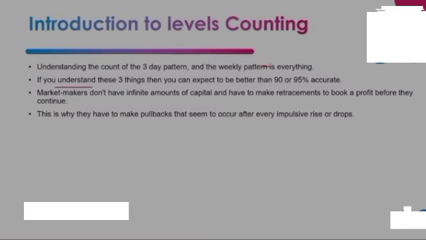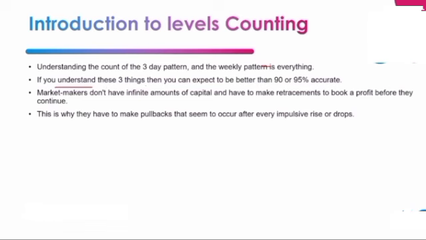If you understand these 3 things, which are the candlestick patterns, the EMAs, and the levels, then you can expect to be better than 90 or 95% accurate. But this is an accuracy measured from a large number of trades. Someone will take 2 trades and expect to have a 90% accuracy rate. That is impossible. A large number of trades is measured from 50 to 100 trades.